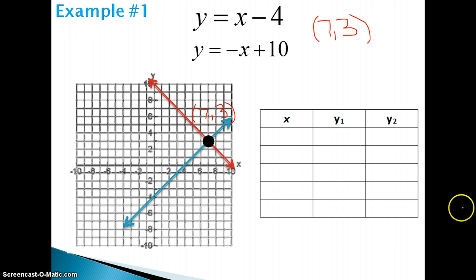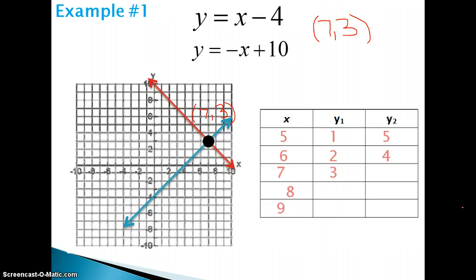Now if we're looking at a table, we just look at them having the same y values. So let's just say, for example, we pick 5, 6, 7, 8, 9 as our x values. When x is 5 for our first problem, y is 1. When x is 5 for our second problem, y is 5. When x is 6 for our first problem, it's 2. And when x is 6 for our second problem, it is 4.